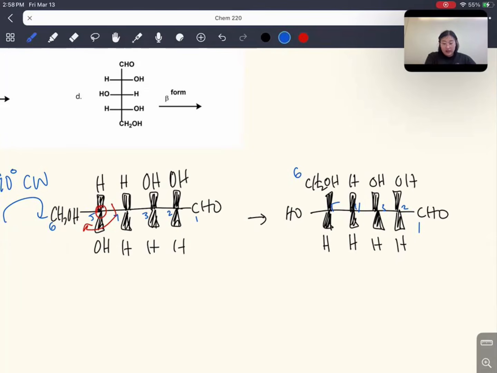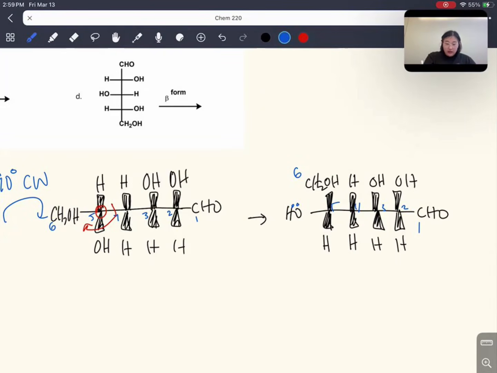Which matches other reactions that you've seen before in the aldehyde reaction chapter. And so now what's going to happen is this oxygen's lone pair is going to attack the carbonyl's carbon.